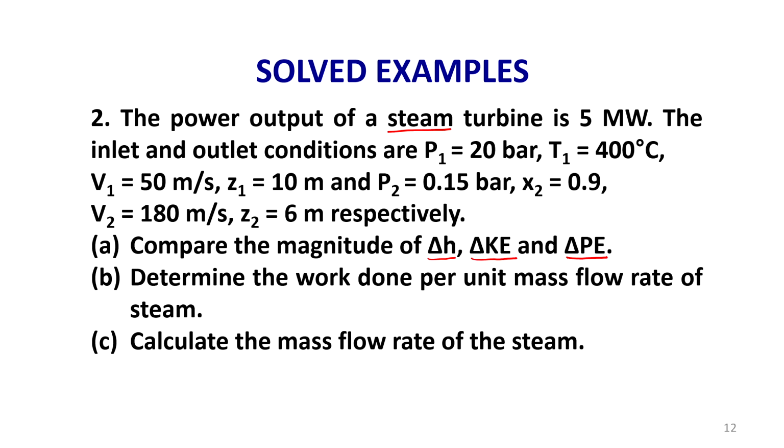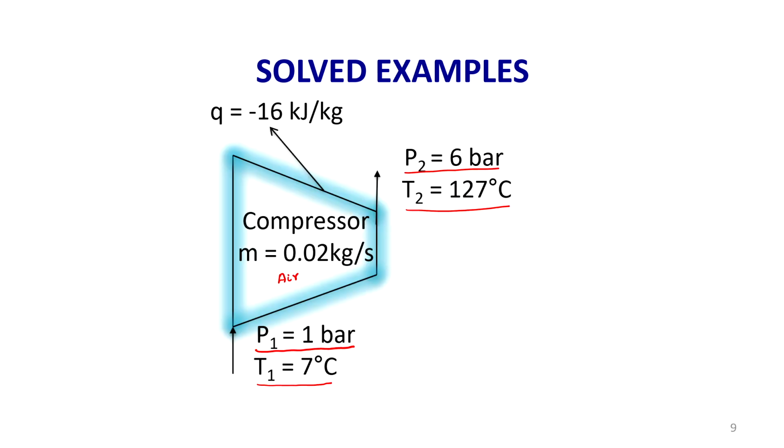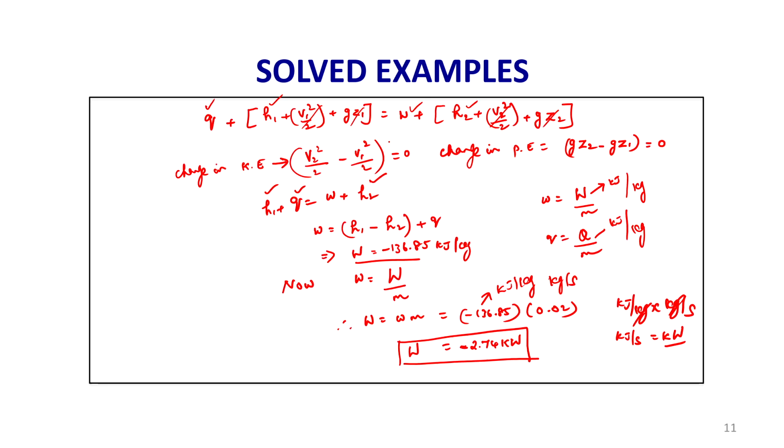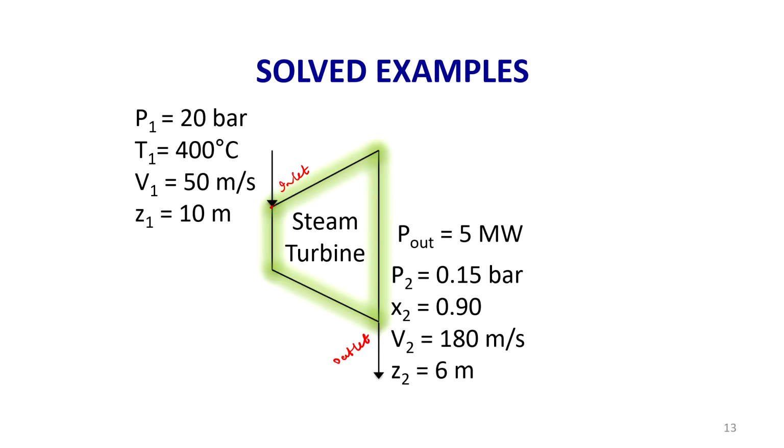Similarly, in the previous problem, this is the inlet. A compressor you have to represent just opposite to the turbine. Because the pressure and temperature increase, the working fluid is compressed. So, this is the inlet, this is the outlet.